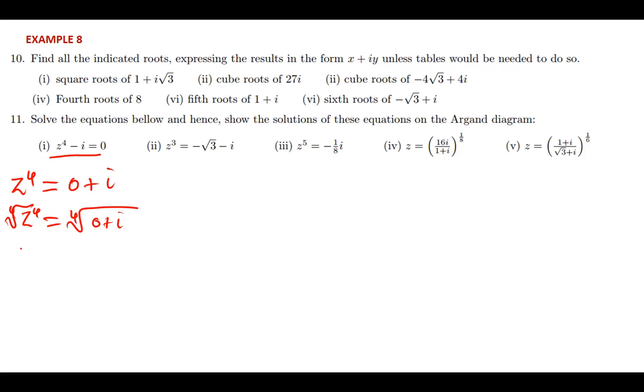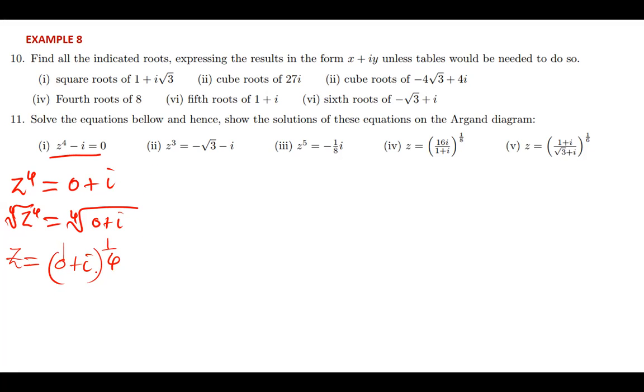So z will be equal to the fourth root, which is the same as the power 1 over 4. So we have 0 plus i to the power 1 over 4.